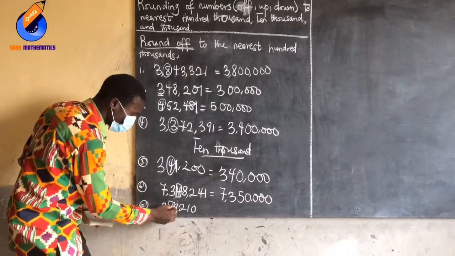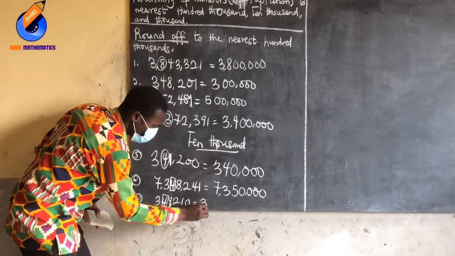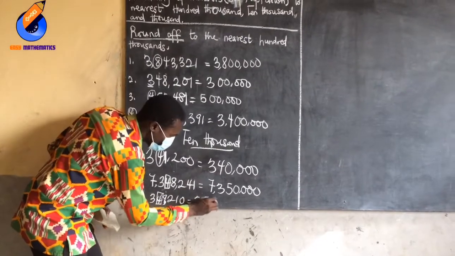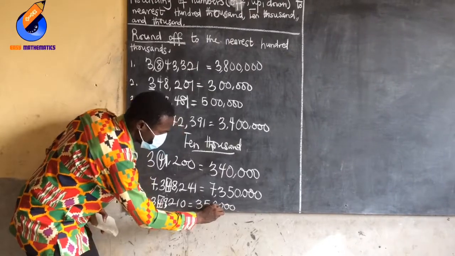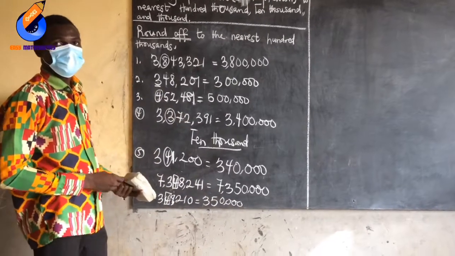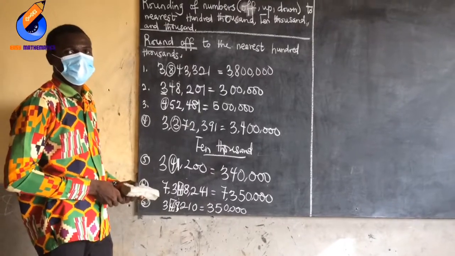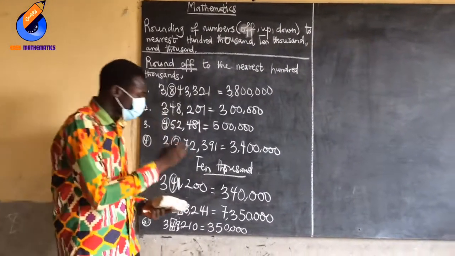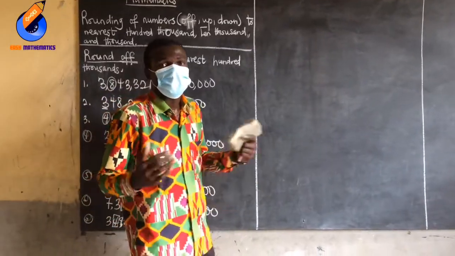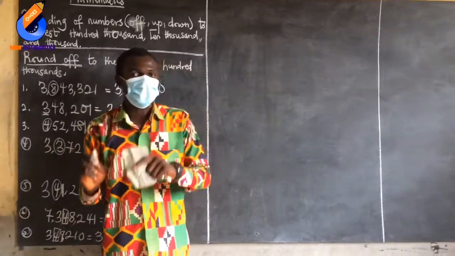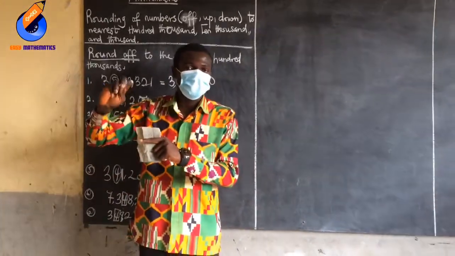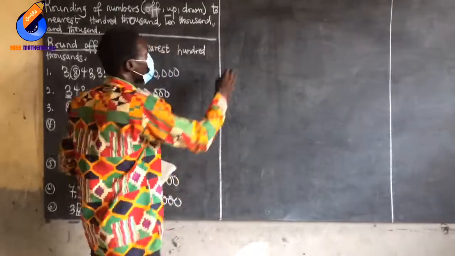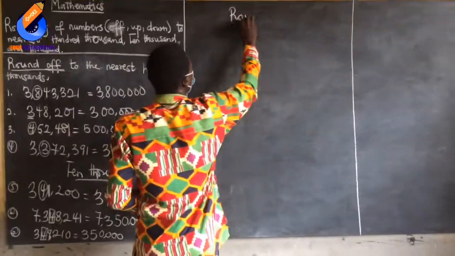So I'll add 1 to the 4, giving me 3, 5. Because 1 plus 4 is 5. Then you change the remaining digits to 0. This is how we do the rounding off. The same thing also applies to the 1,000. Locate the number with the 1,000. Check if it is greater than 5, equal to 5, or less than 5. Then you round.